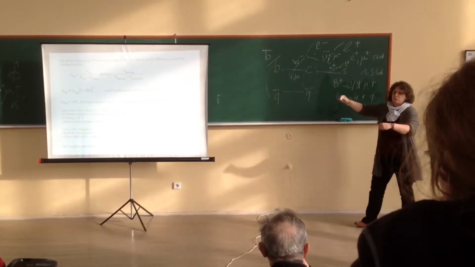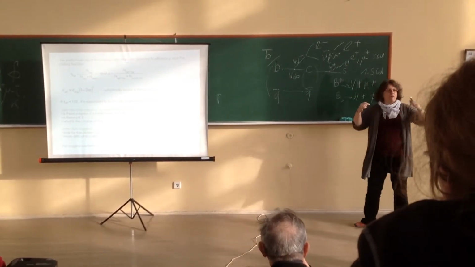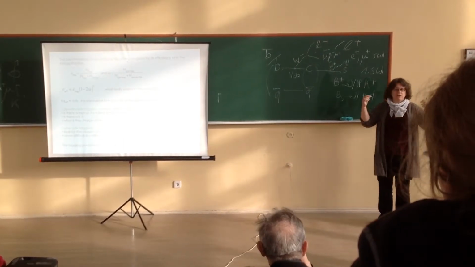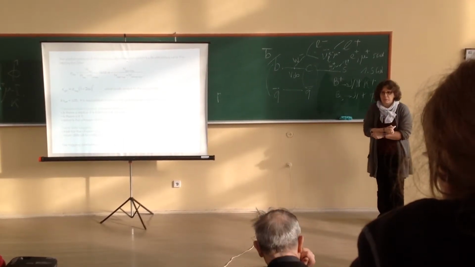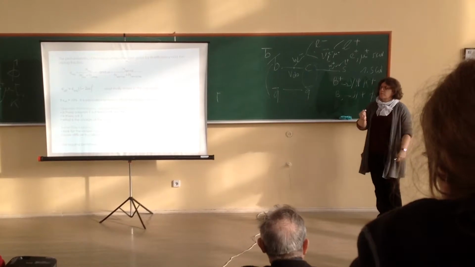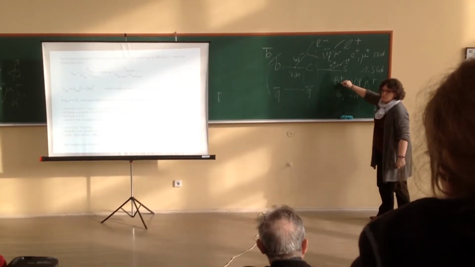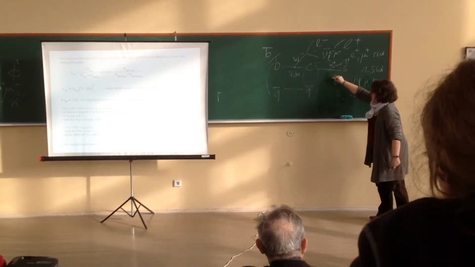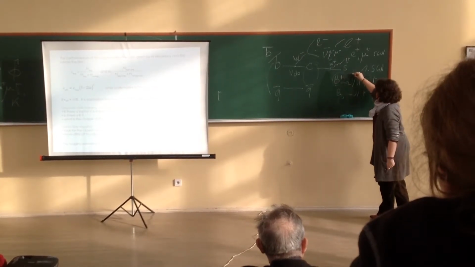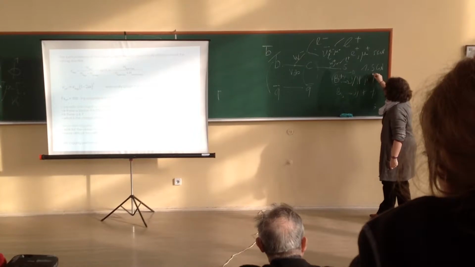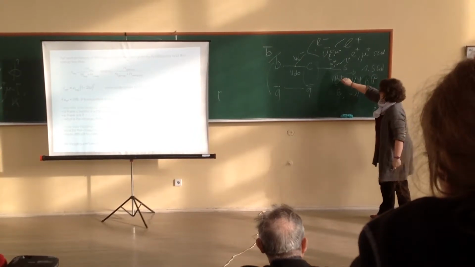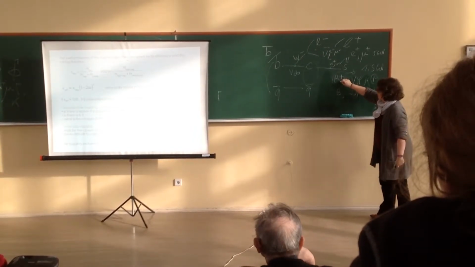Then I'm doing this tagging. I'm looking for a lepton, high PT, and I say, okay, I look at my tagging, I say, it's a B bar quark. But here I know what it was, because it's a B plus. And for a B plus, I have a charge on the kaon, which tells me that it's a B plus, so I know it's a B plus.